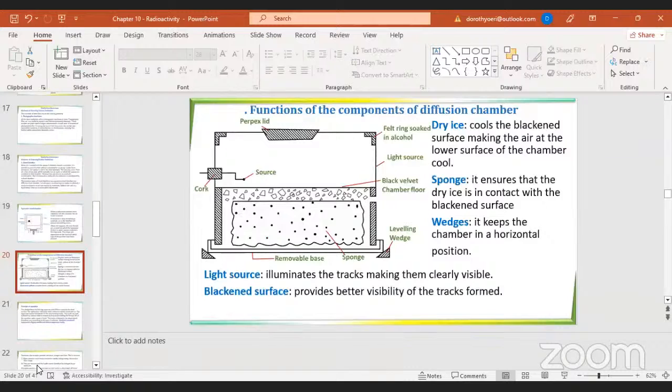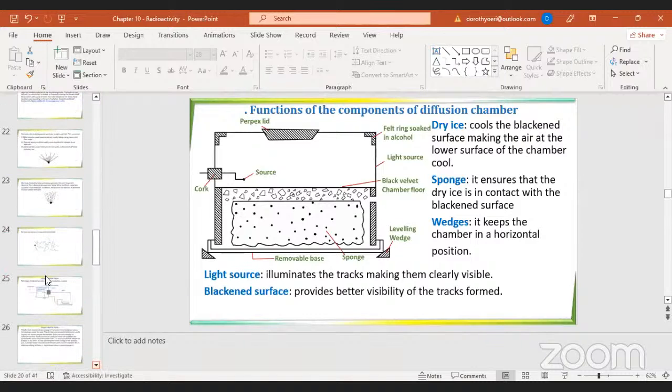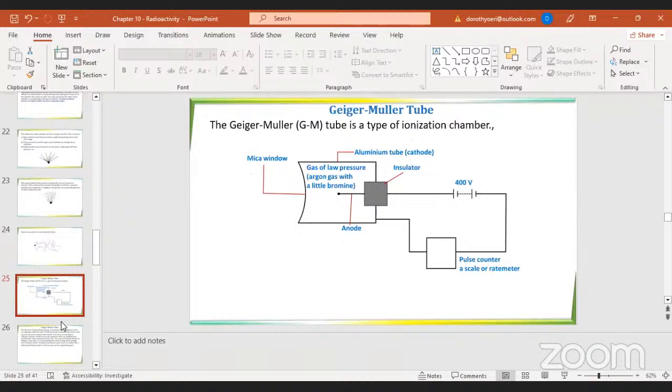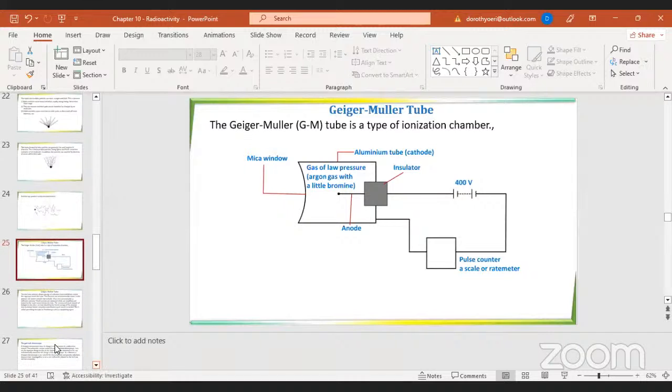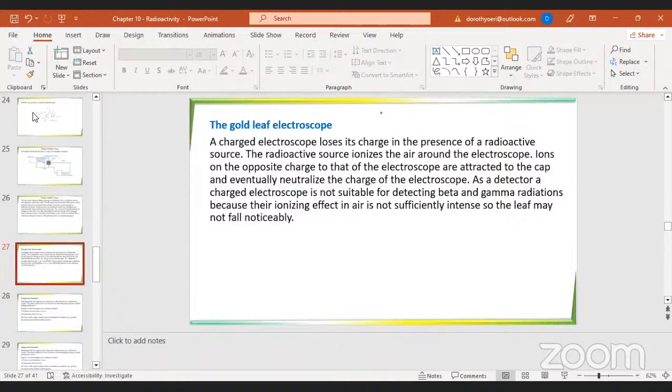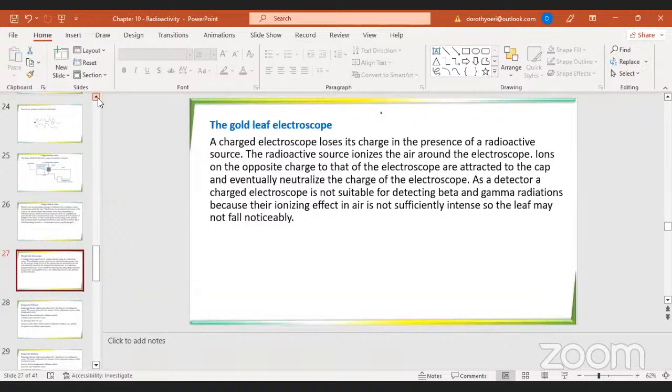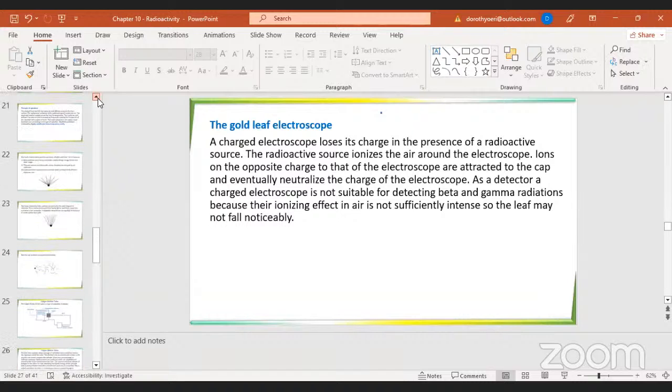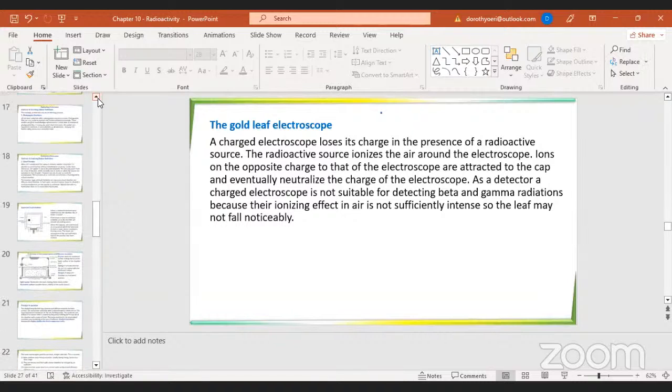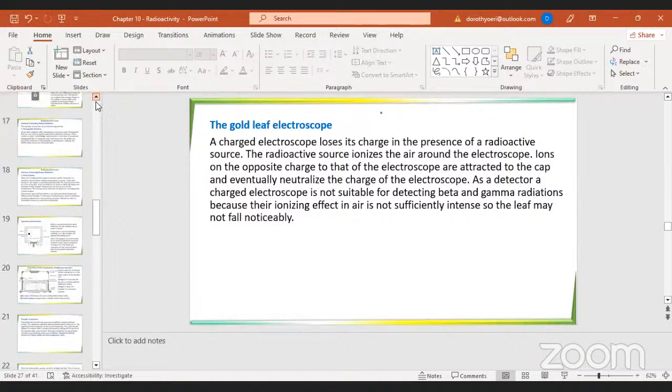Then we have the GM tube, the Geiger-Muller tube, and then we have the gold leaf electroscope. So we are going to look at these detectors one by one. Maybe we might not be able to finish them. If we don't finish, that means you'll finish in class.